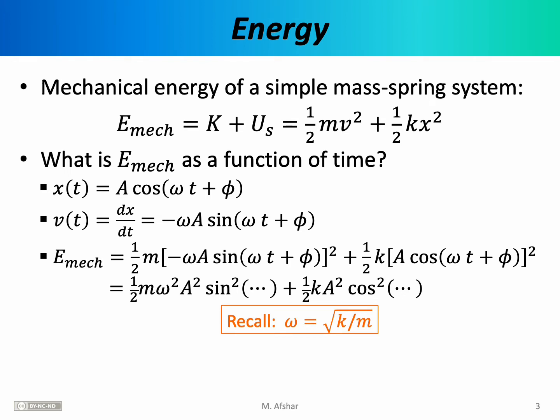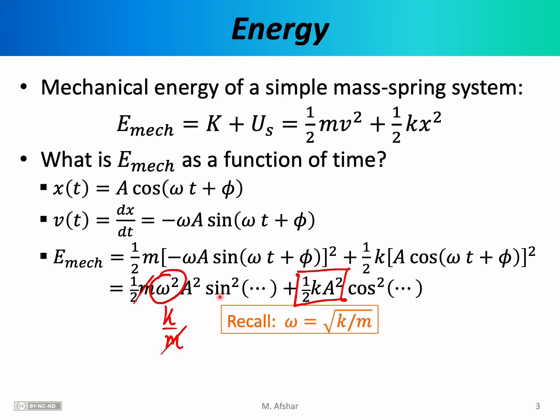When you do that, things simplify considerably, because omega squared is equal to k over m, and this m will cancel, so we'll end up with 1/2 k a squared. 1/2 k a squared also shows up here, so we can factor it out, and what we'll end up with is 1/2 k a squared times sine squared plus cosine squared.